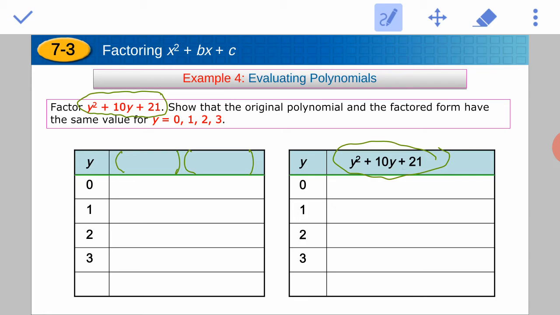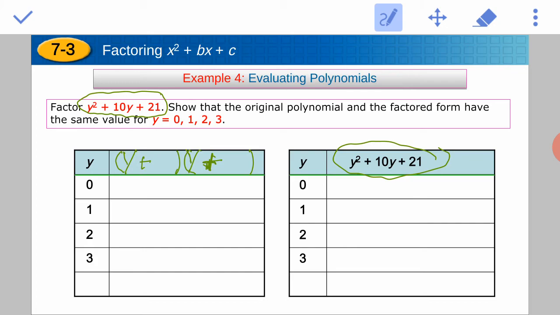How do I factor that? You look at the last sign. If the last sign is positive, the two signs are similar, like the middle one. The middle one is positive, so it's plus plus. How do I factor y squared? It's y times y. How do I factor 21? There are two scenarios: maybe 21 times 1, maybe 3 times 7.